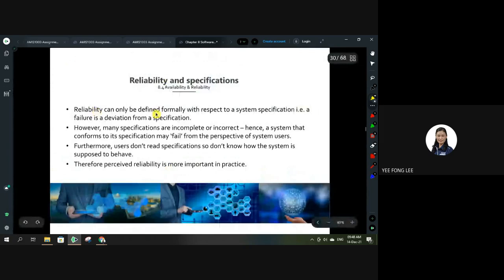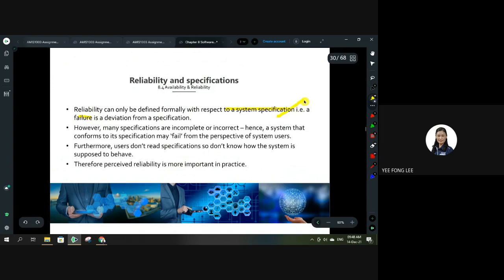Reliability can normally only be defined with respect to the system specification. In a more technical definition, a system failure is a behavior that does not conform to the system specification.